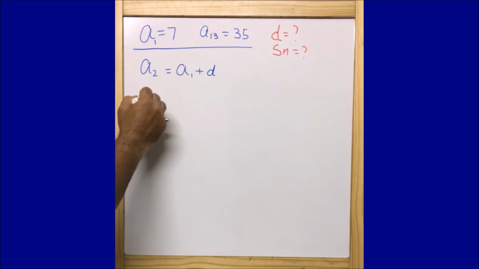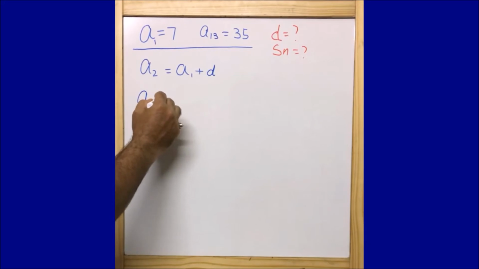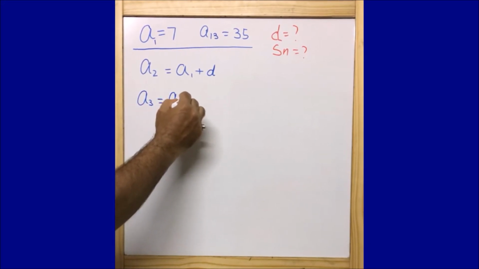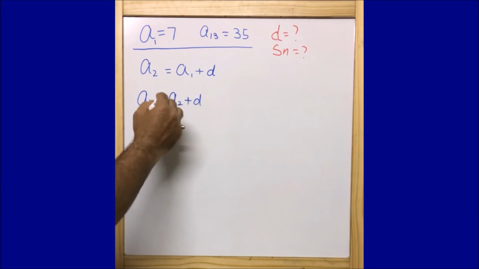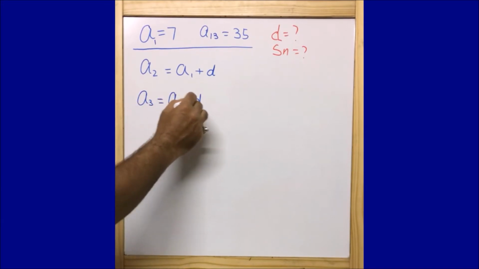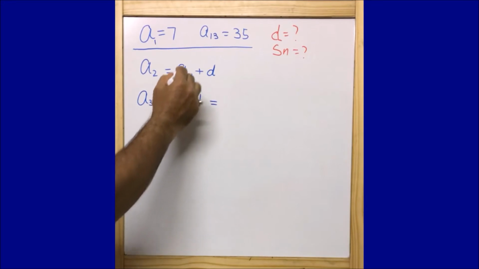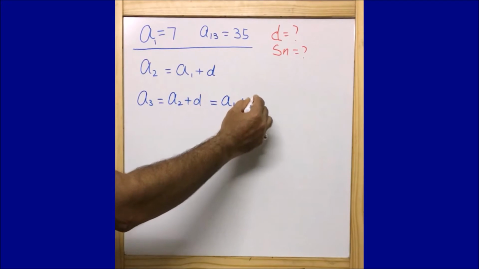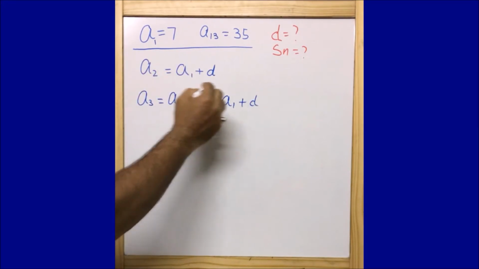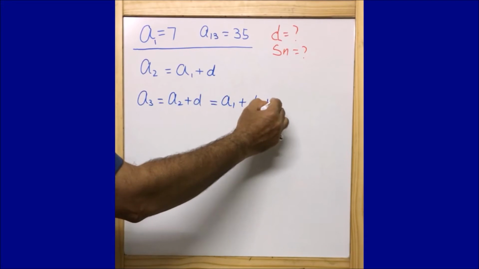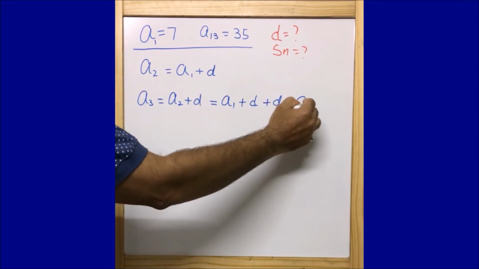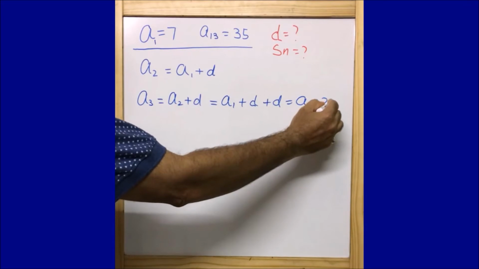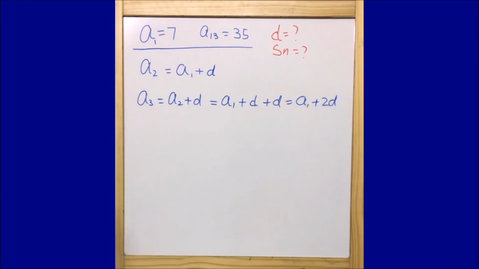Similarly, if we want to find A3, then we need to add the common difference to A2, that is A3 is equal to A2 plus D. A2 is nothing but A1 plus D, so just replacing the value of A2, A1 plus D plus D is equal to A1 plus 2D. Now we are able to find A3 is equal to A1 plus 2D.